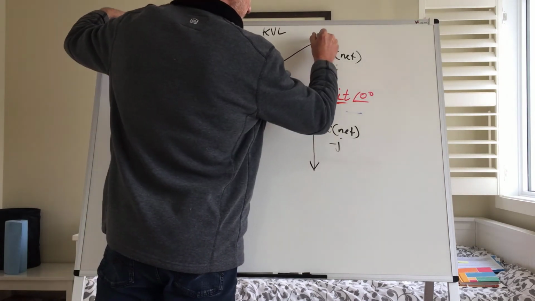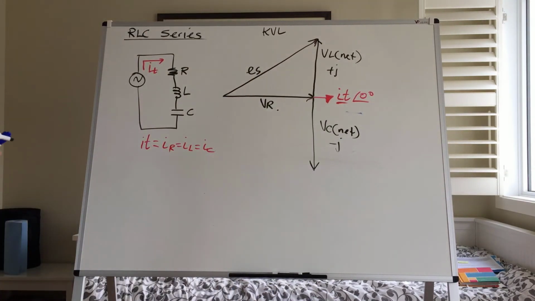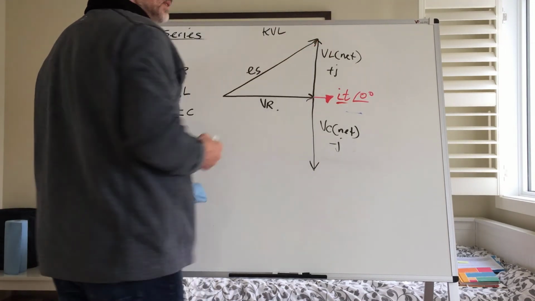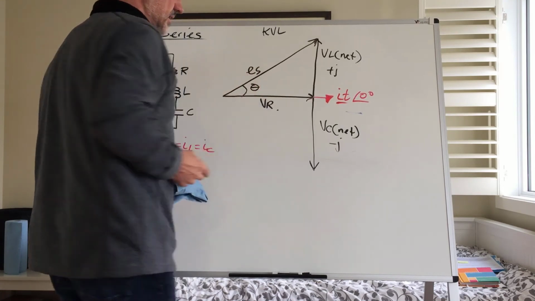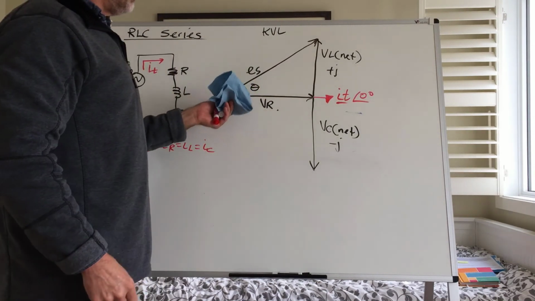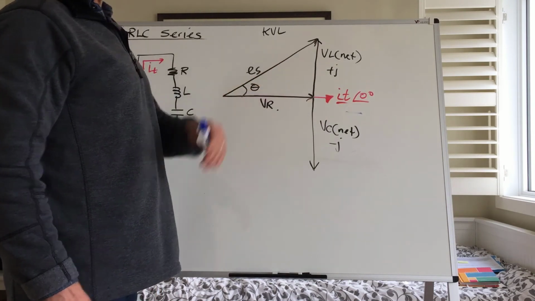That's going to put our E source value here as the total of VR plus VL equals E source. What are we going to have right here? This is going to be our circuit phase angle, right? So whatever angle we have here is going to indicate how many degrees the current lags the voltage.